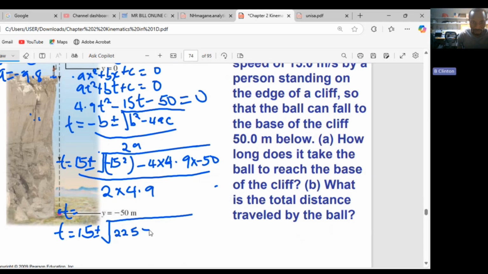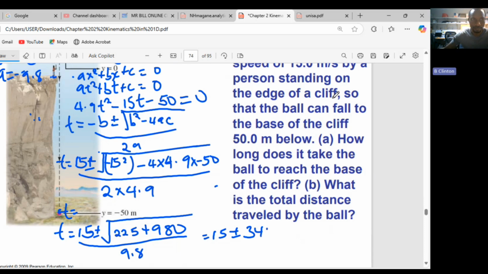So plus 980, everything divided by 2 times 4.9, that is going to give us 9.8. And we can proceed and say this is 15 plus or minus the square root of 225 plus 980.